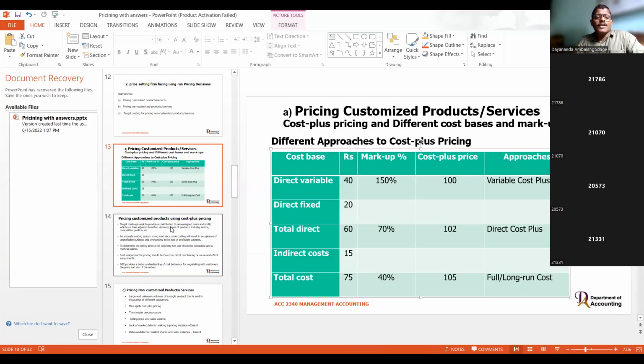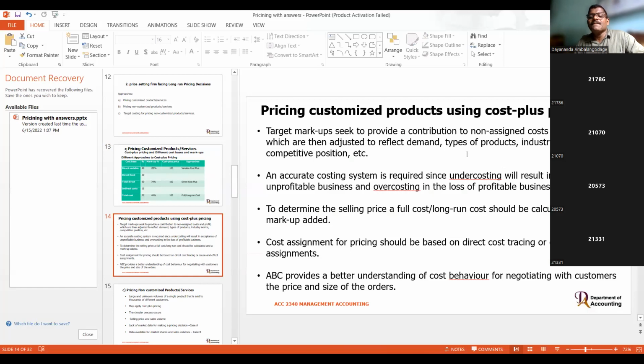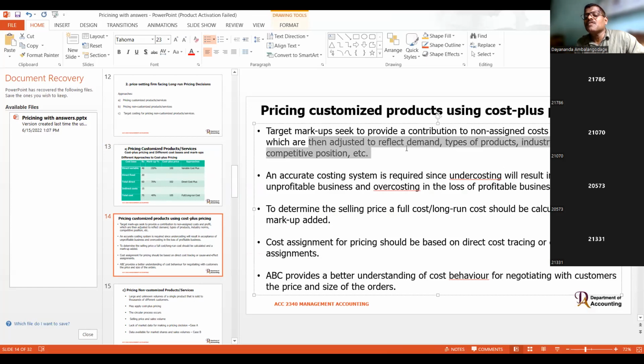So when you do cost-plus pricing, you adjust the price to reflect the type of product, the industry norm, and the competitive positions. If there's demand, you can sell at that price, or you can add a little bit to the cost-plus price.